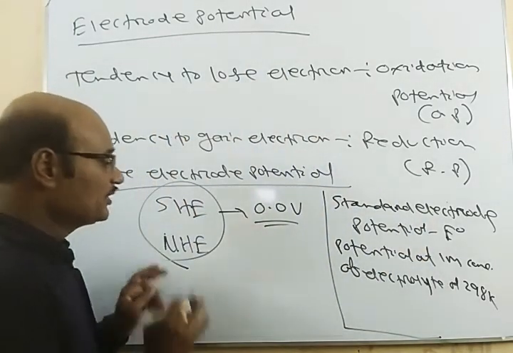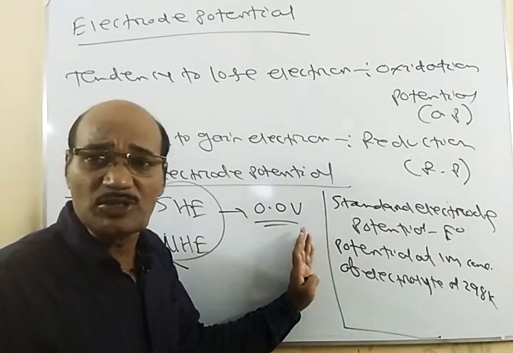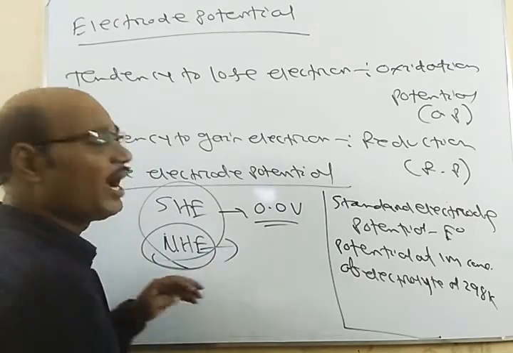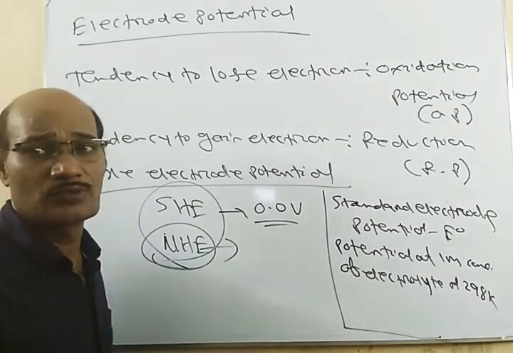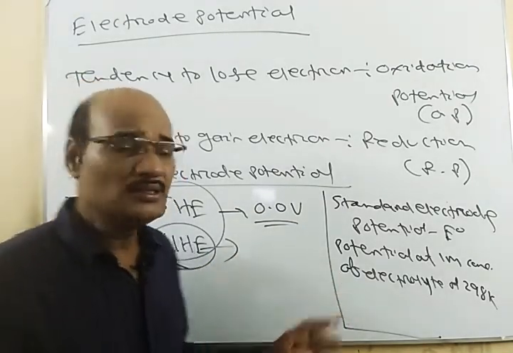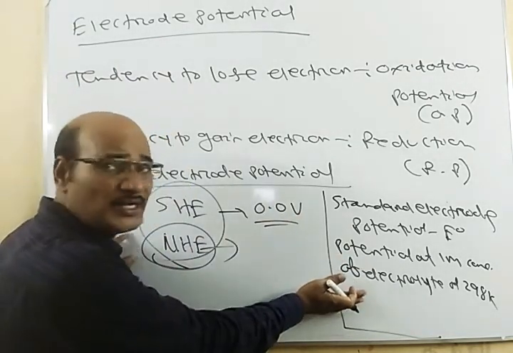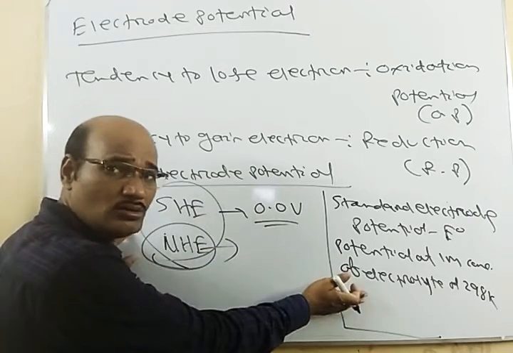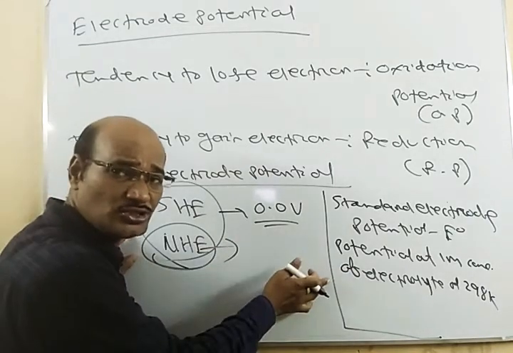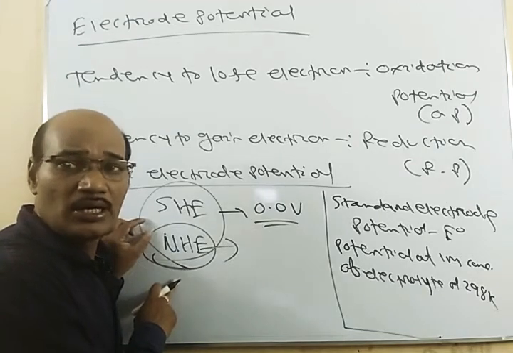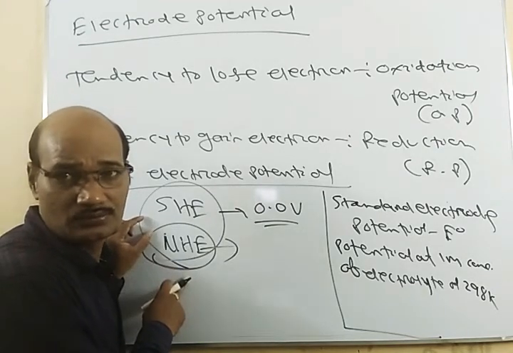And here, depending upon the other electrode which we are taking, the NHE behaves as a cathode or as an anode. That means if the electrode which we are taking is acting as anode, meaning oxidation takes place there, then the NHE will act as a cathode and reduction will take place here.